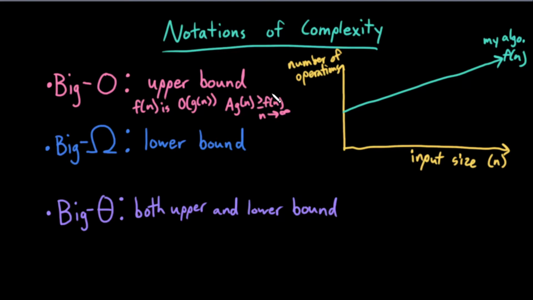This got kind of mathy, but what does this mean? It just means that some constant times my function g of n will exceed f of n after some point.